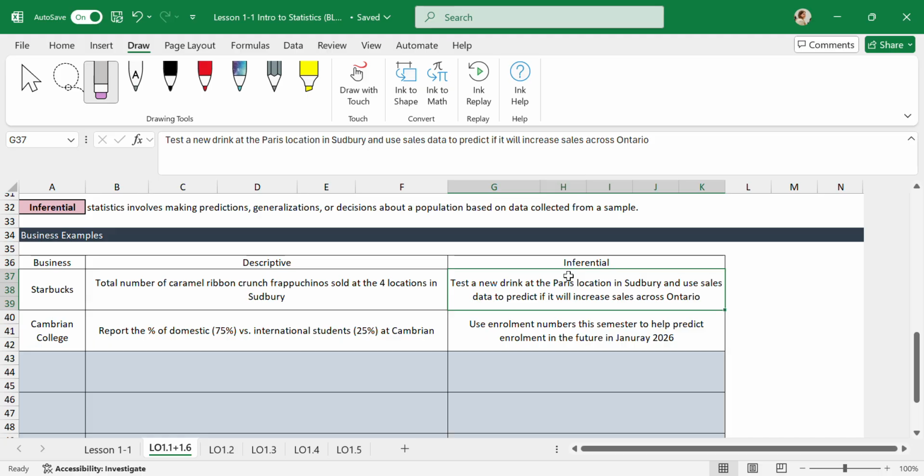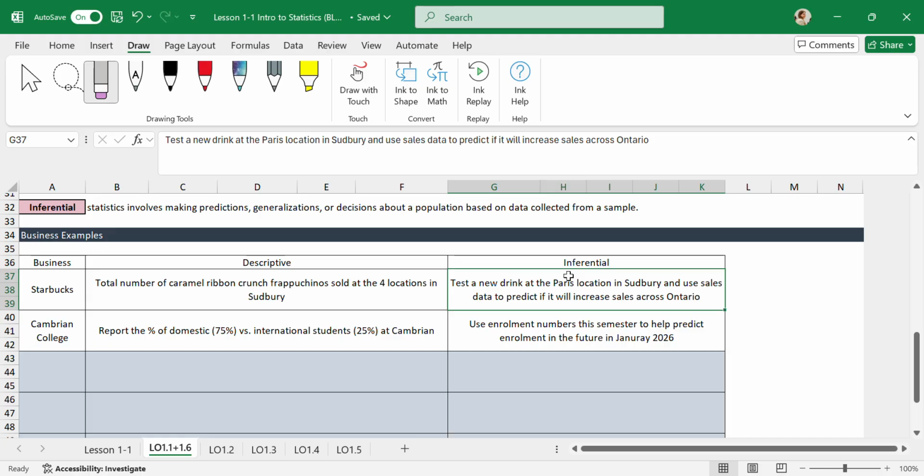There are so many other numbers that could be reported for Cambrian. We could look at the breakdown or the percent of students enrolled in business versus IT versus arts, like all those different departments at Cambrian. Something as simple as just the total number of students that attend Cambrian could be a descriptive statistic.